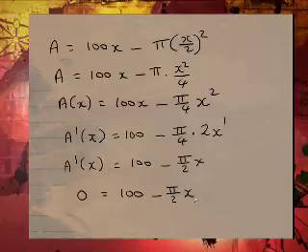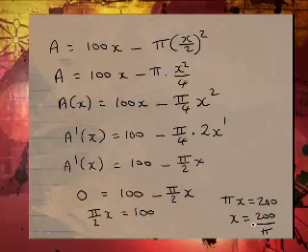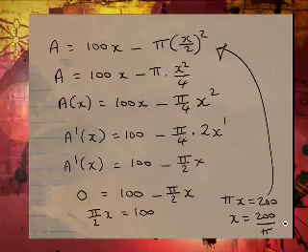So now all we can do is bring that pi over 2x to the other side. So pi over 2x is equal to 100. Multiply both sides by 2, giving me 200, and you divide by pi. Once you've got that, all you do is substitute that back into there, and you can then get the value of the maximum area of this thing.